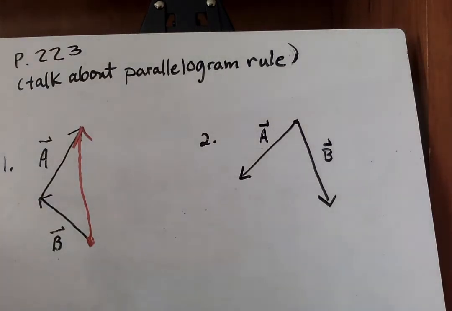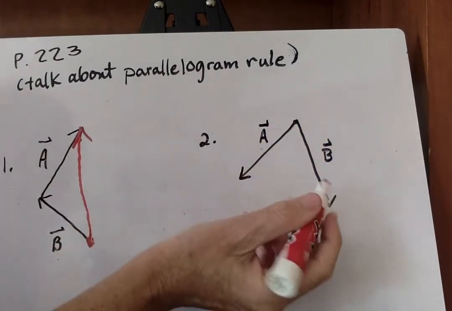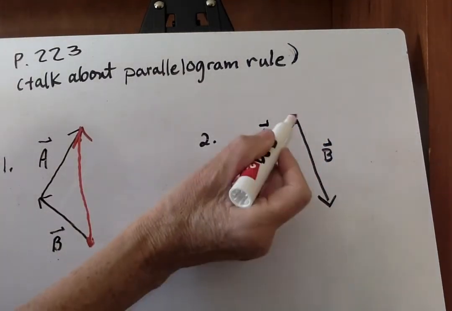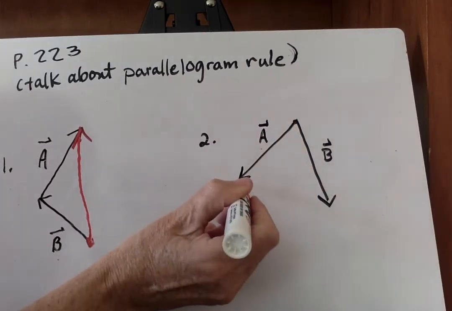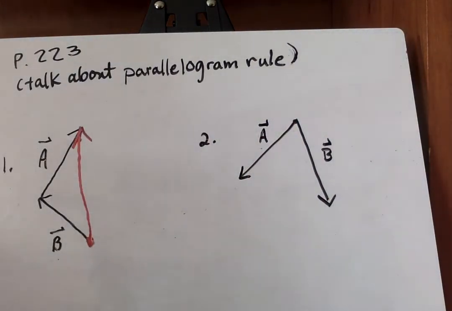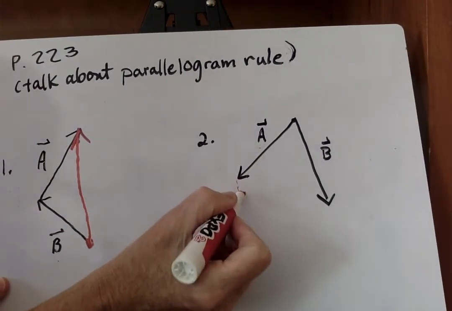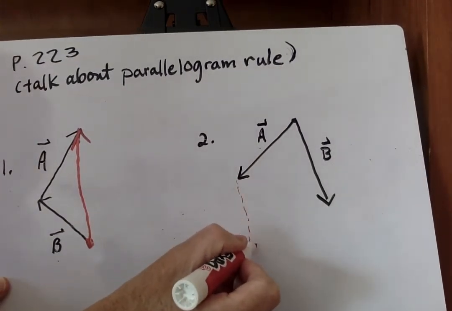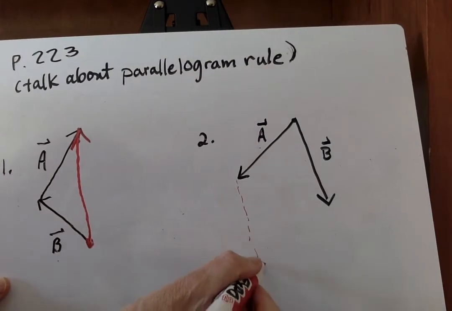Now, what if the initial points of both of them are in the same spot? Well, that's going to be the parallelogram rule. For the parallelogram rule, you go ahead and draw a parallelogram. So if these are my points here, I take B and draw it over here using a dotted line, trying to make it the same distance down.